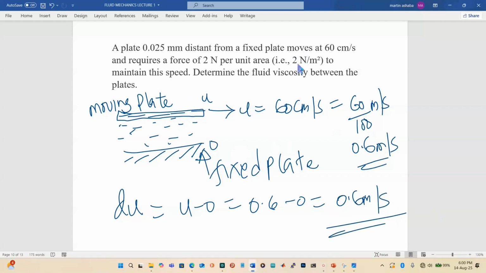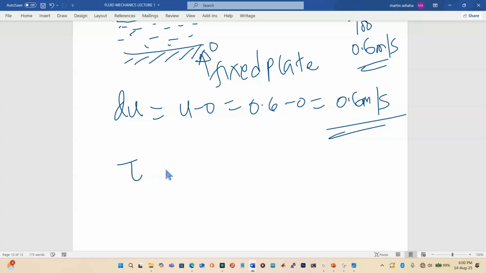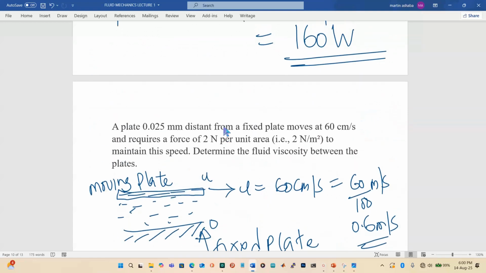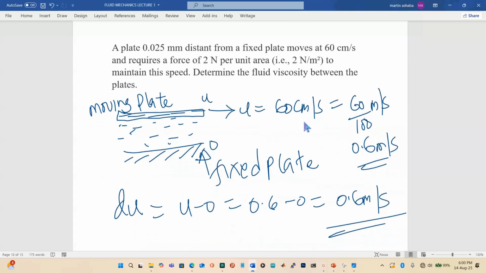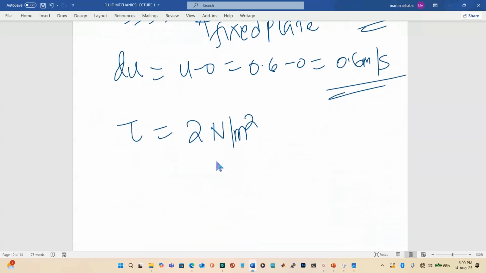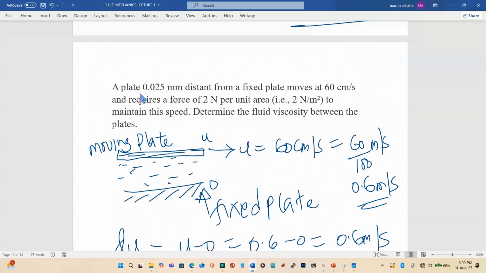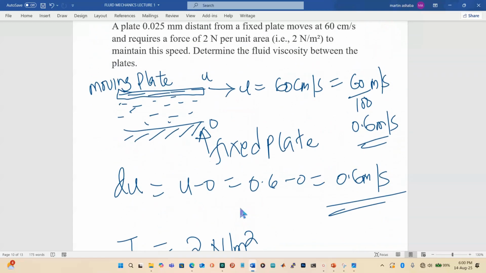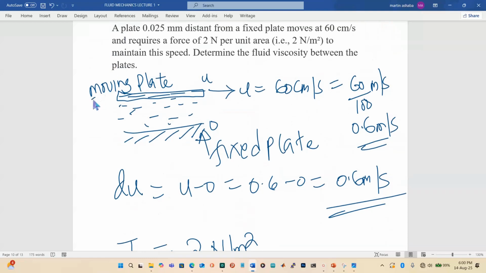Now the force per unit area is tau. Tau is measured in Newton per square meter. So we are given that it is Newton per square meter. So determine the fluid viscosity. The separation in between is what we are calling dy.